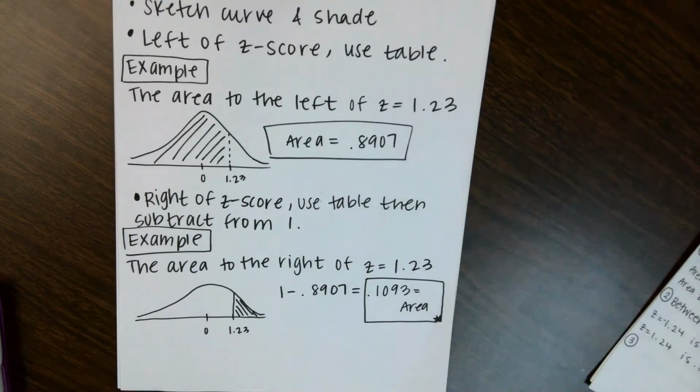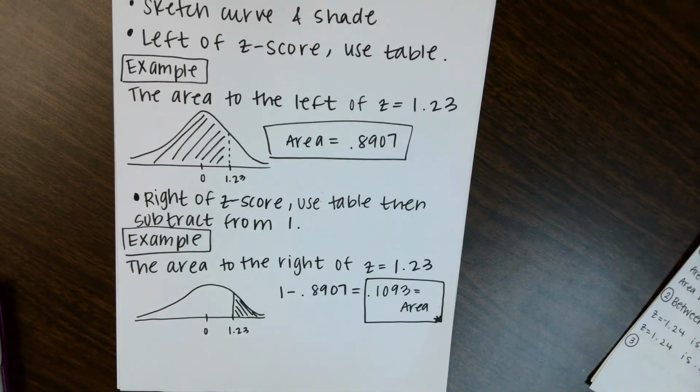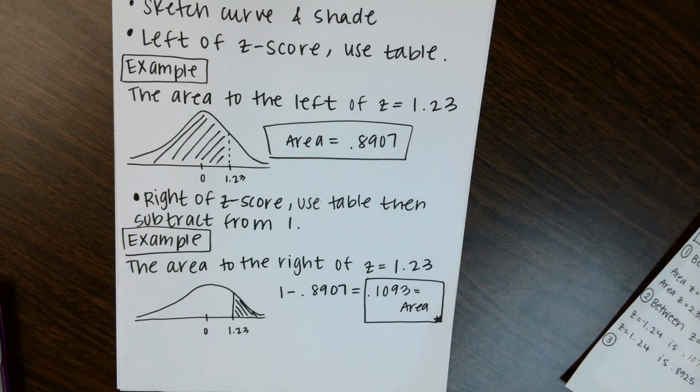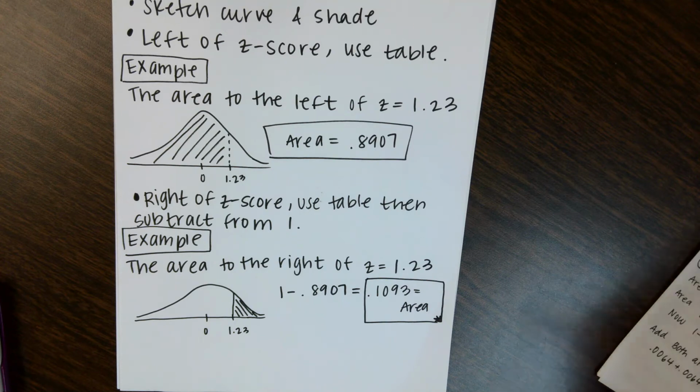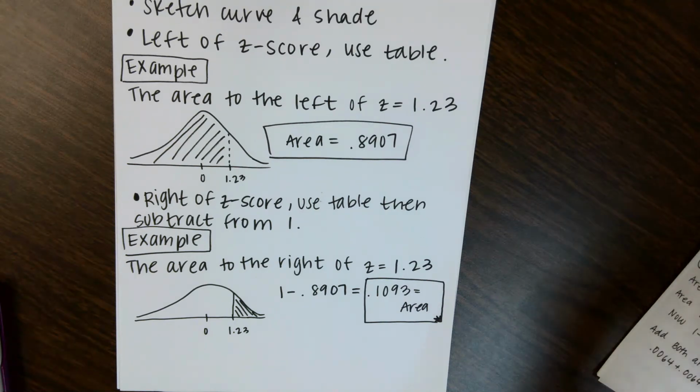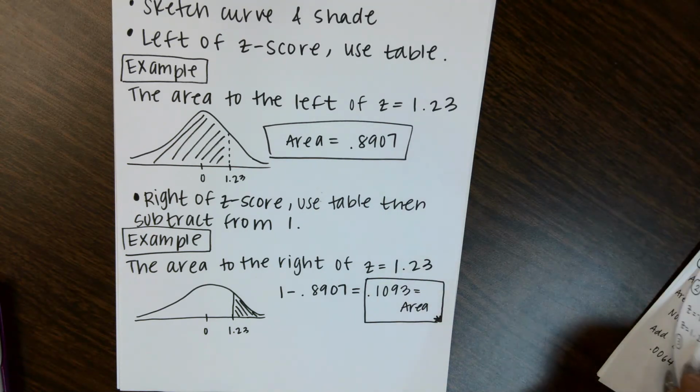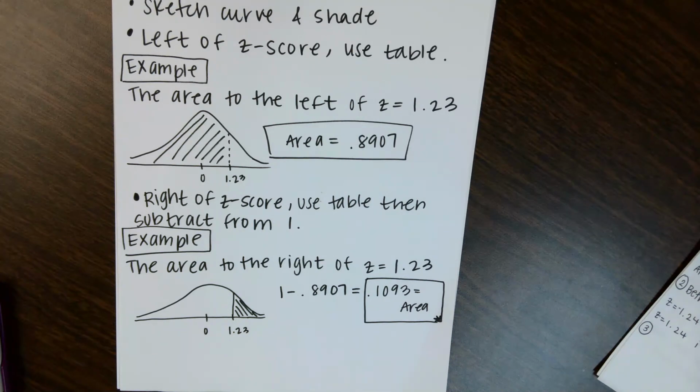And then as far as the area is concerned, we also have whenever we're between 2 z-scores. So I'm going to talk about what you're supposed to do there, do an example, and then I had 2 more examples just to throw out there. And then after that, I've got 3 examples finding probability, and then that was it, y'all. So to the left, use your table.